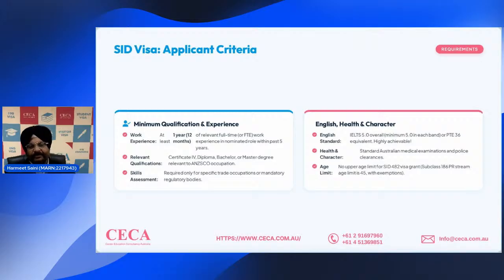And the most important thing is the age criteria. There is no age restriction to apply for this visa subclass. But if you're going for permanent residency subclass 186 after holding this visa, then age requirements apply. The minimum age requirement is 45, but exemptions are still available under this category.